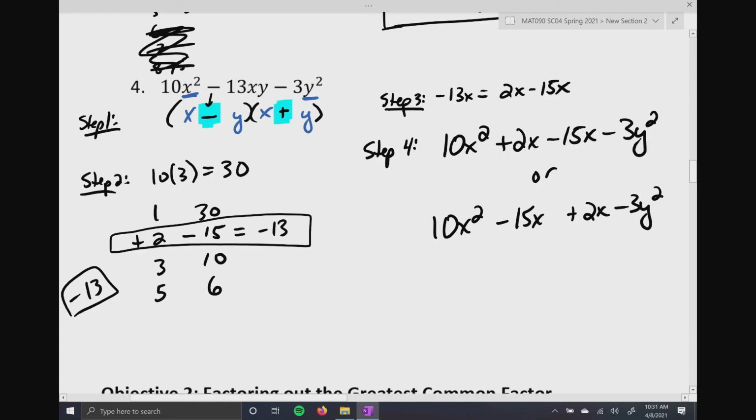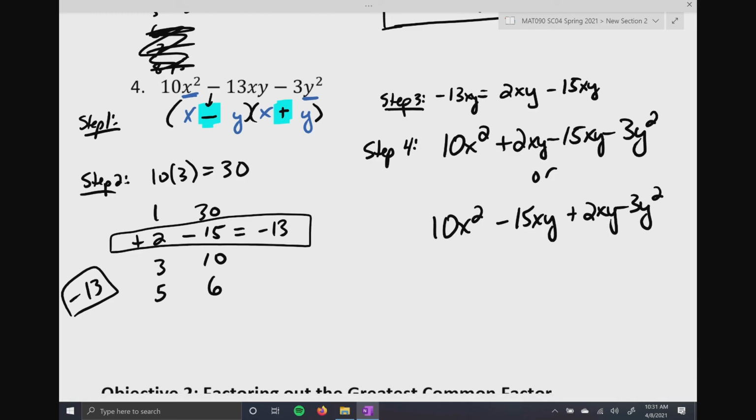Oh, I forgot to include the XYs. There we go. Because that middle term is XY.